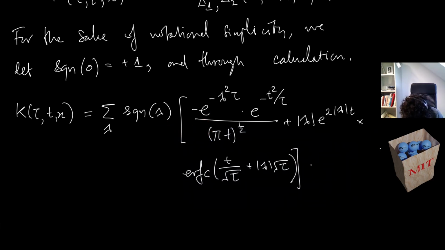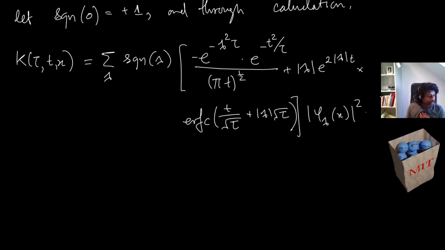Move this. Phi lambda x squared. Good. And so actually that's good, because now we can write it in terms of a derivative, right?